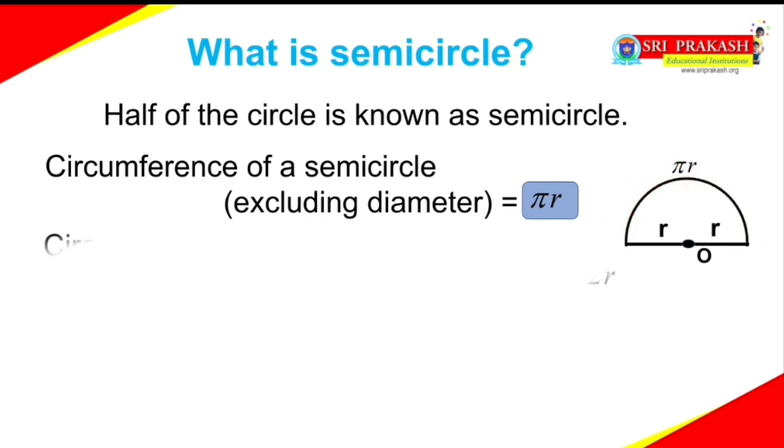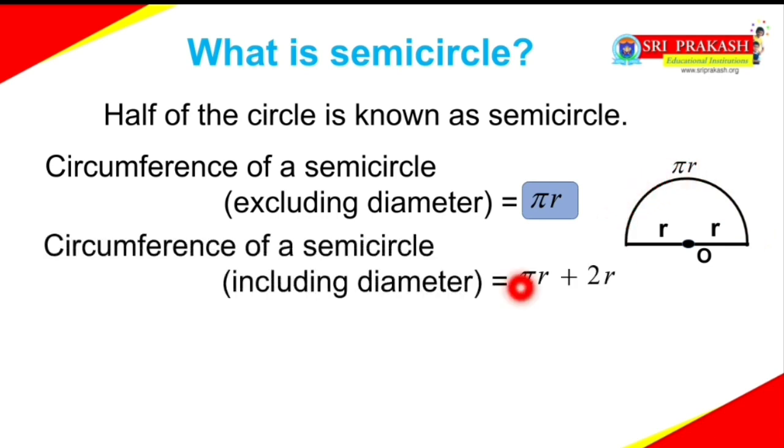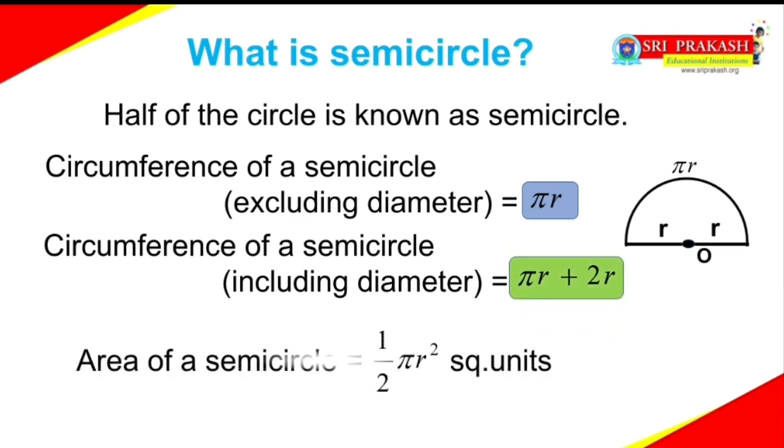Next, the circumference of a semicircle including the diameter is equal to pi r plus r plus r, which is equal to pi r plus 2r. Next, the area of a semicircle is always equal to half pi r square units.